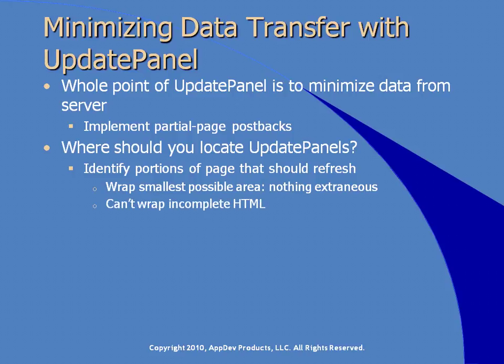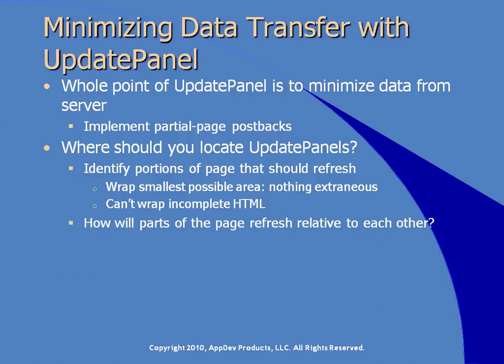Now, one limitation of the update panel is that you can't wrap it around incomplete chunks of HTML. The hardest example of this is a table row. You can't wrap a table row, but you can wrap the contents of a cell or the entire table. It may take some experimentation to get the results you want while minimizing the amount of data returned from the server.